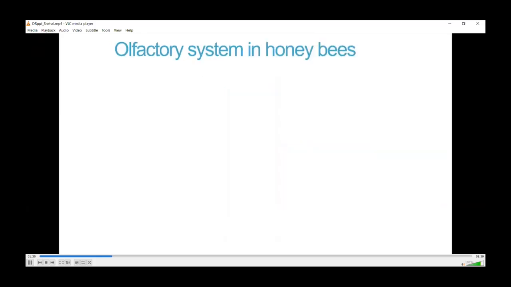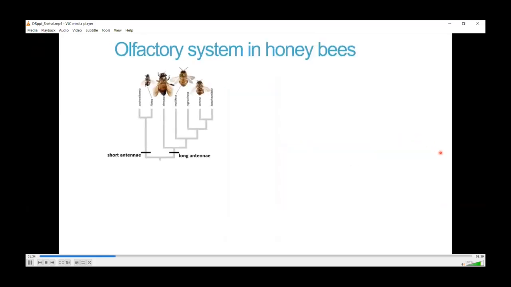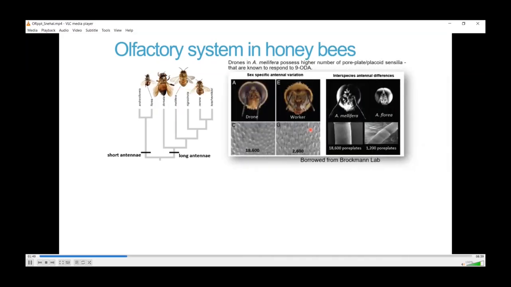So here we started working on olfactory receptors of honeybees first, and first we targeted a species called Apis florea, which is a kind of dwarf Asian honeybee, and it is related to Apis mellifera, which is the European counterpart. It was known that the morphology of these 2 bees is quite different from each other, and particularly in terms of their antennae, they were quite different.